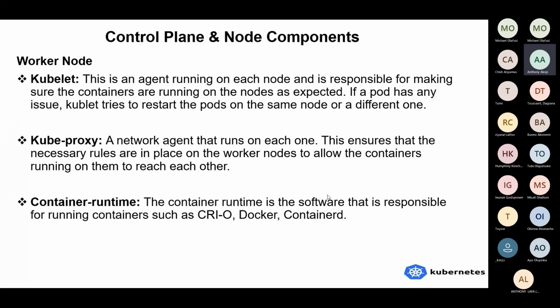It's like a network agent that runs on each particular node, and it ensures that necessary rules are put in place to allow containers running on the worker nodes to reach each other. We all said Docker had this restraint of managing containers and networking them with each other. They are not able to talk to each other.